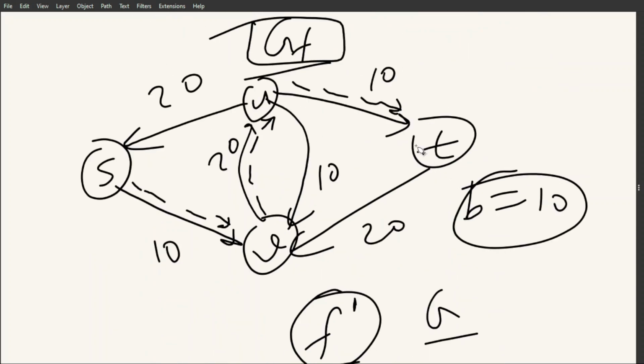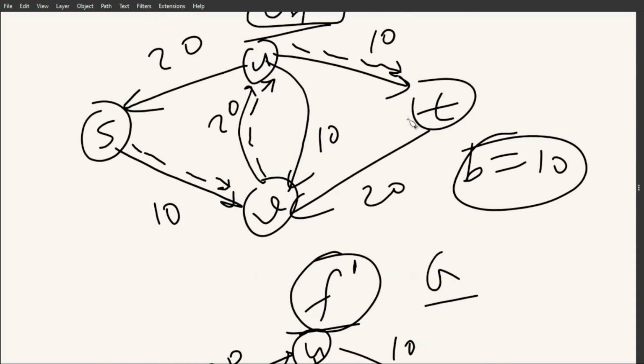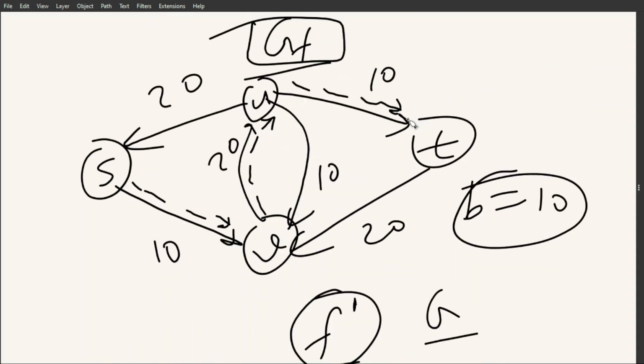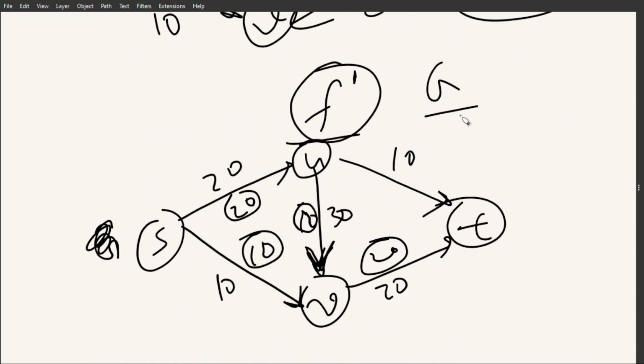So next, the last edge is this, and it is a forward edge. So just increase the flow by 10. So here we get 10.